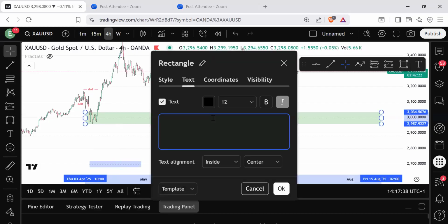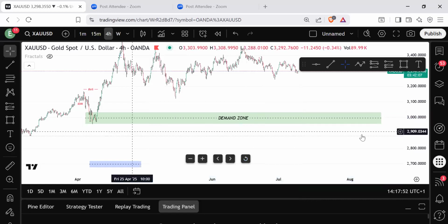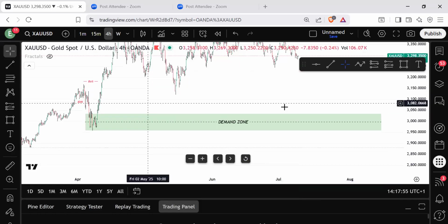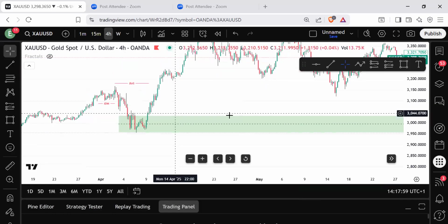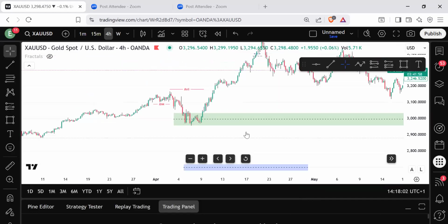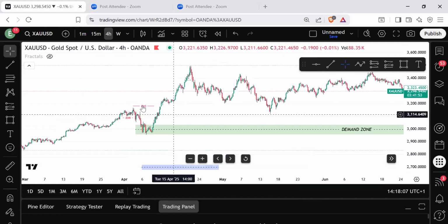So that is the buyer's zone, the demand zone. That's where we are looking to buy from if price visits it. This demand zone we identified after considering the fair value gap and also the breakout structure.